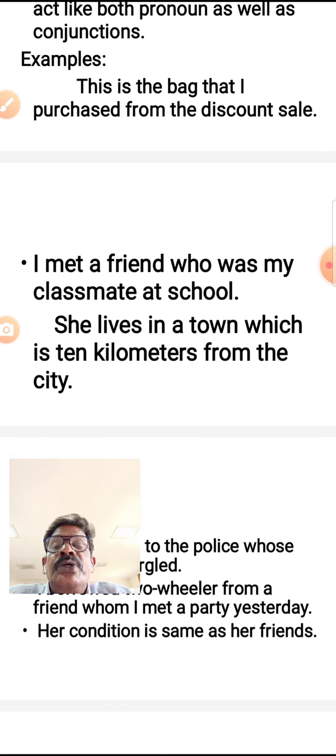Here, who is working as a conjunction. And then next, she lives in a town which is 10 kilometers from the city. Here, which is a conjunction.